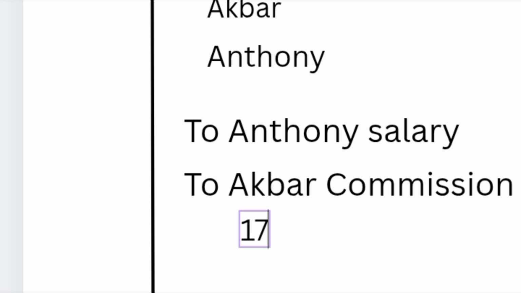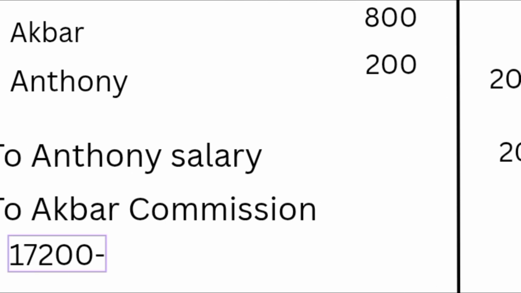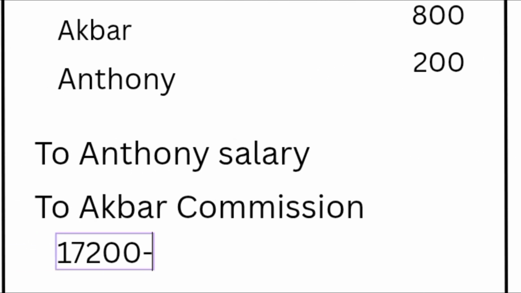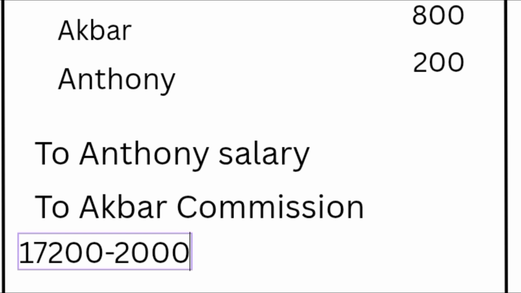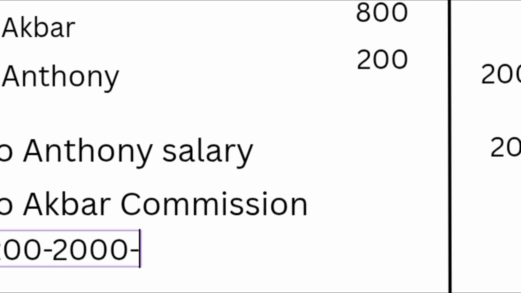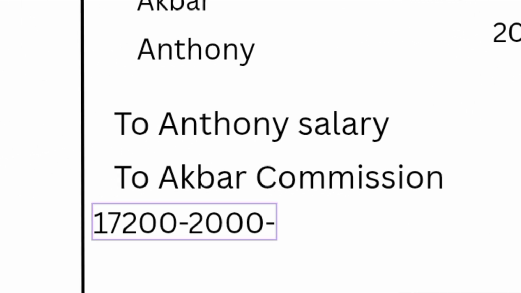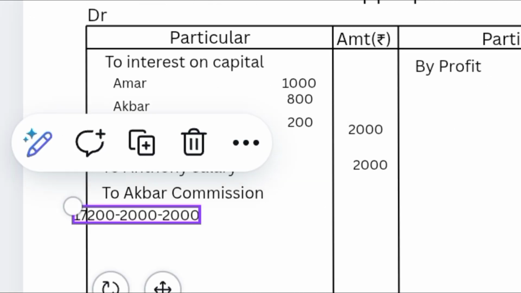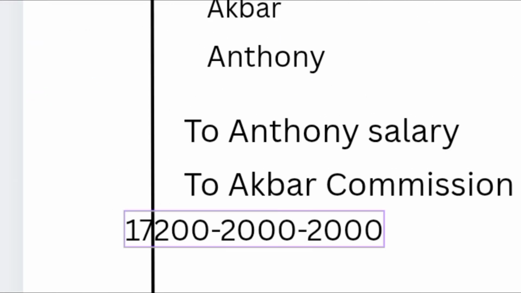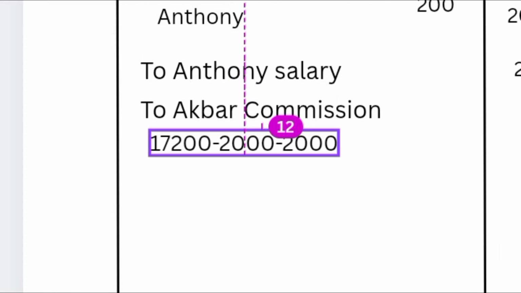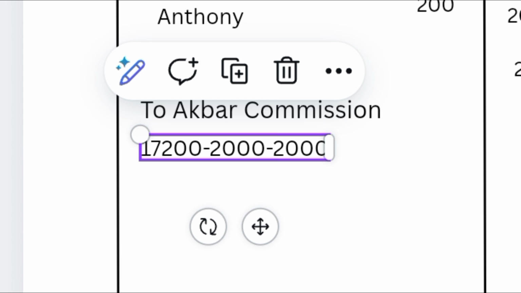17,200 minus 2,000, the interest on capital, minus 2,000, Anthony's salary, because the items before this item are profit before charging commission.